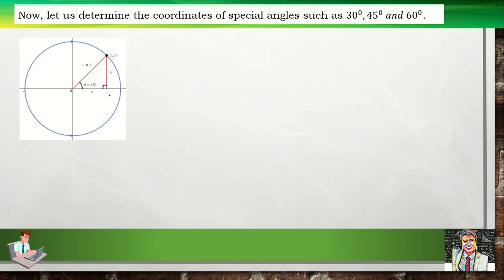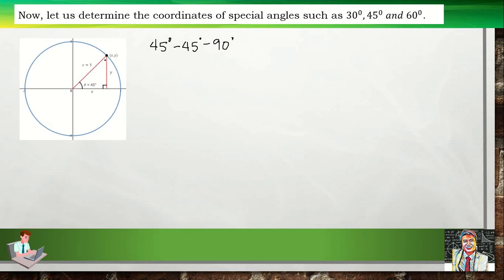Wherein, ang angle niya, since 45 to, since 90 to, therefore, this is also 45. Bakit naging 45? Ang sum ng interior angles ng triangle is 180 degrees. So, therefore, that is a special type of triangle which is 45 degrees by 45 degrees by 90 degrees.